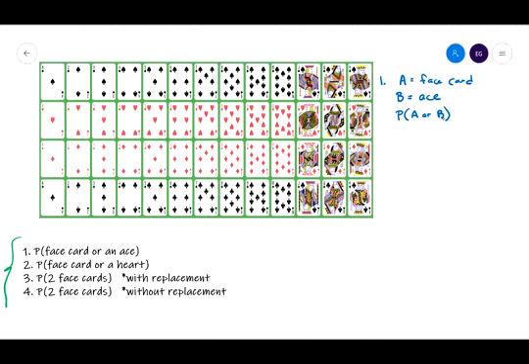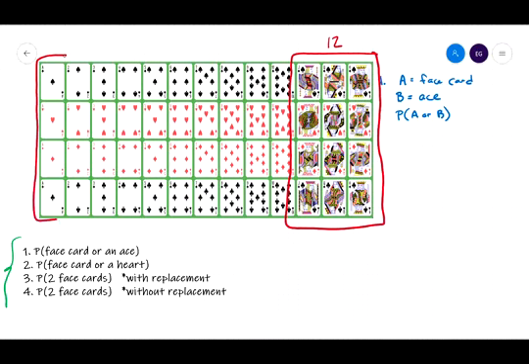Second outcome is ace. Now, these two events are disjoint. They are mutually exclusive, because if you're pulling one card, it cannot be a face card, of which there are 12, and an ace at the same time. One card cannot be both an ace and a face card.